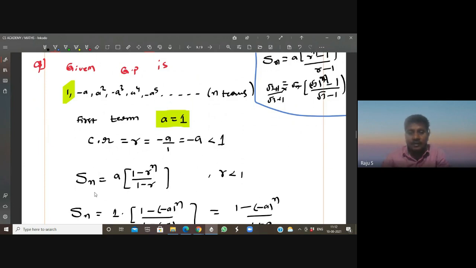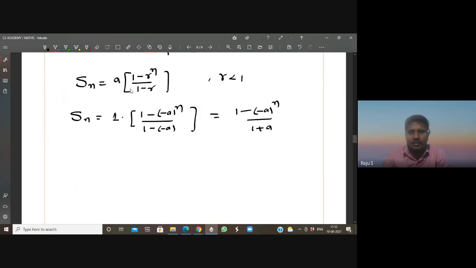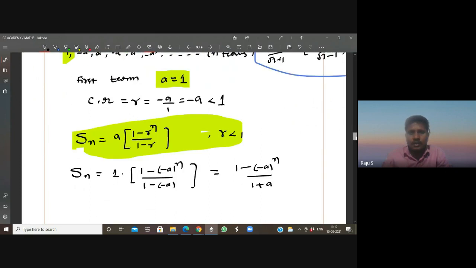Whenever r is lesser than 1, there is a formula, the sum of n terms is given by Sn is equal to a into 1 minus r power n by 1 minus r, because r is lesser than 1. So in this formula, I have replaced a value and r value. That's all. We got Sn. Clear, students?